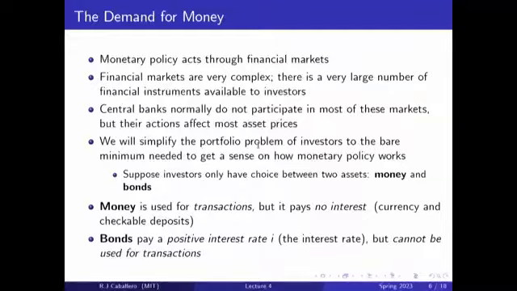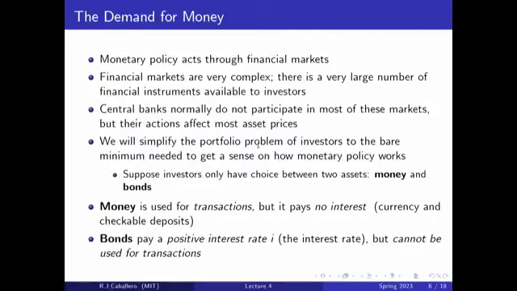We're going to assume that financial markets only have 2 instruments, obviously a huge simplification. There are millions of financial instruments out there. But we want to isolate two instruments because this happens to be where the central banks typically participate.